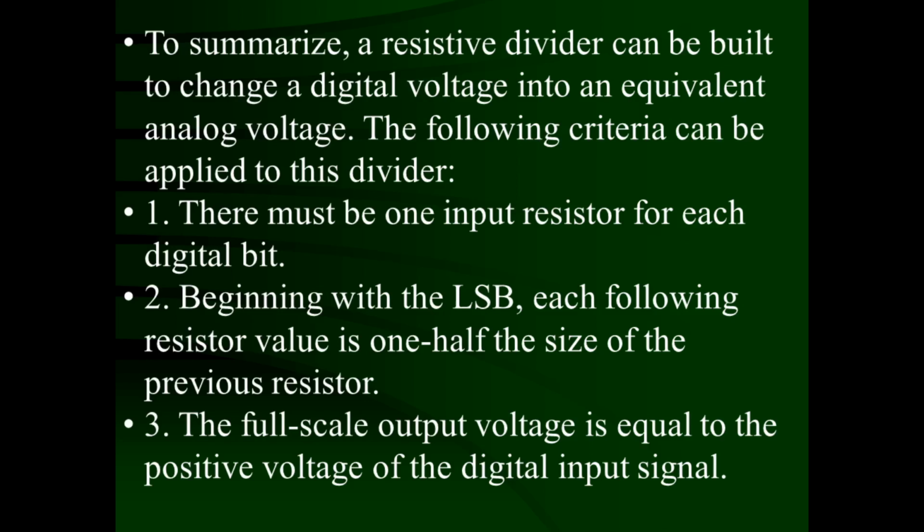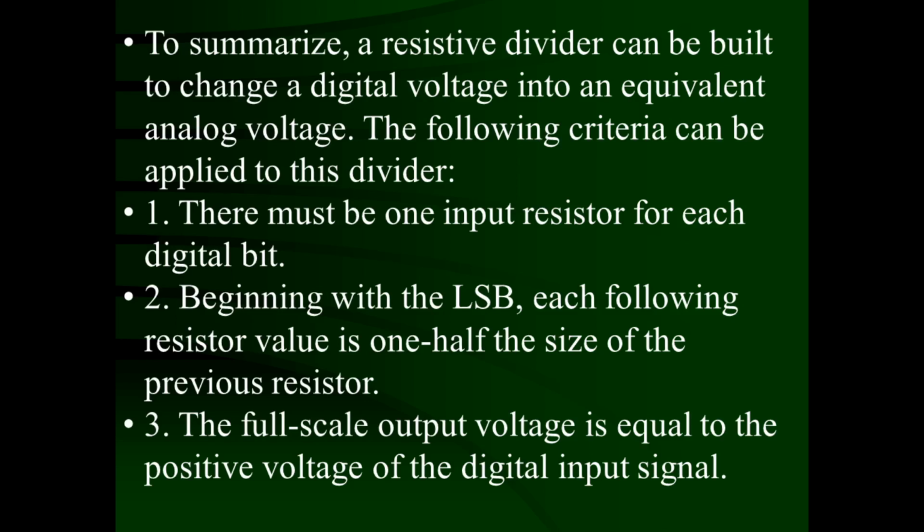The first criterion is this: there must be one input resistor for each digital bit. Beginning with the LSB, each following resistor value is 1/2 the size of the previous resistor. So if the LSB resistor is R0, then the next position, 2 raised to 1, will have a resistance R1 equal to R0 by 2.